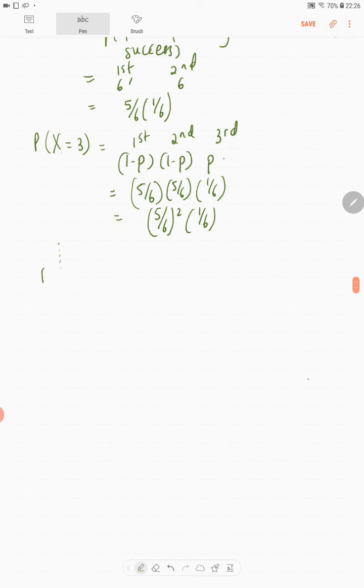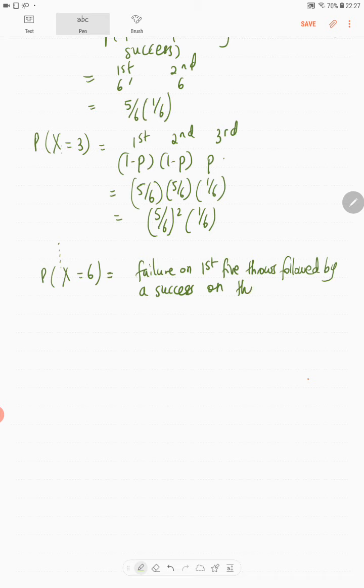If we go on like that, suppose we have x is equal to 6. This means that we will have failure on the first 5 throws, followed by a success on the 6th throw. So the probability will be as follows.